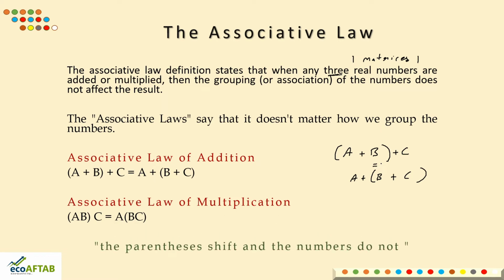So here, friends, the parenthesis shifts and the numbers do not change. This bracket is the parenthesis. If we replace the parenthesis, will it change the end result? That is what we need to check. The second law is the associative law, the associative law of matrix addition.